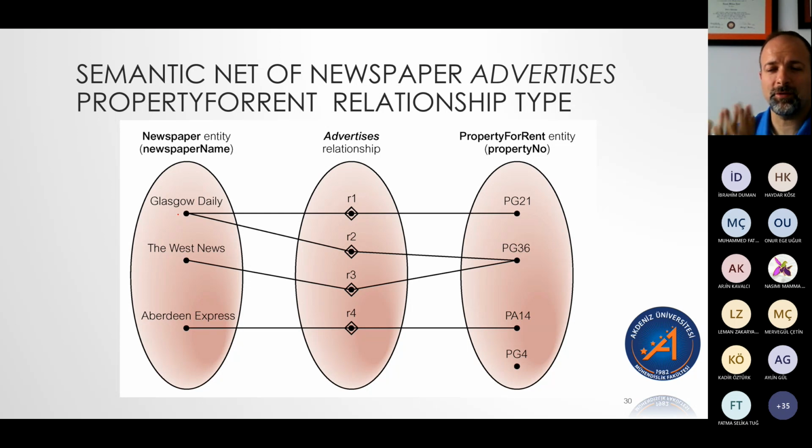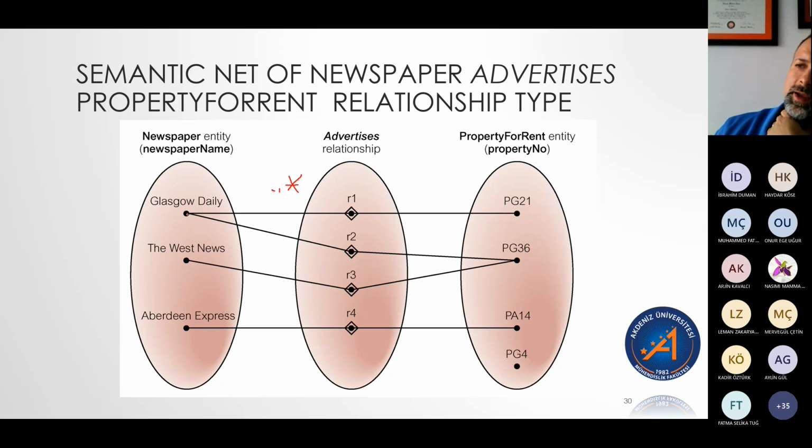According to this example semantic net, a newspaper can advertise how many properties? Many, right? Yeah, a newspaper can advertise many properties, right? Okay.